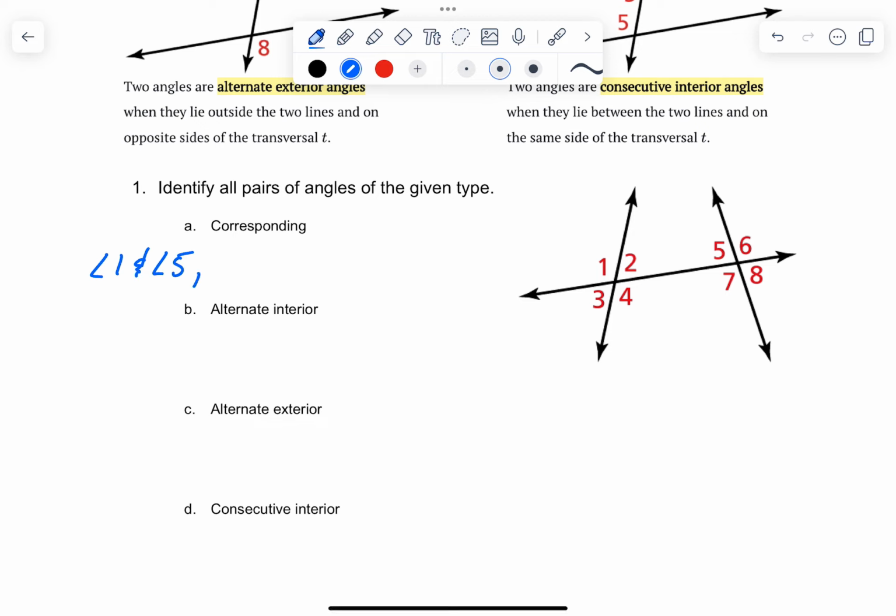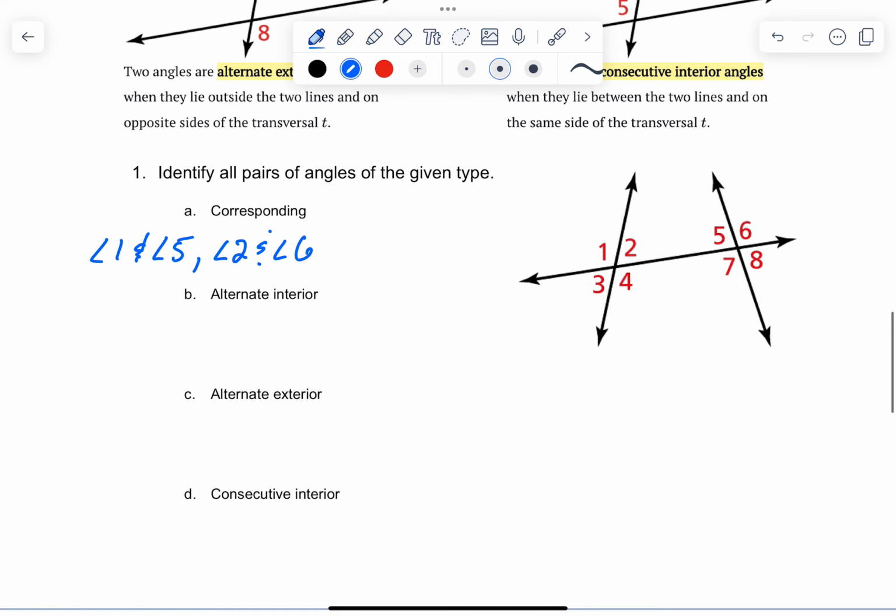The top right would be angle 2 and angle 6. Bottom left, right? These are both in the bottom left position. So that would be angle 3 and angle 7. And then the final pair would be angle 4 and angle 8.